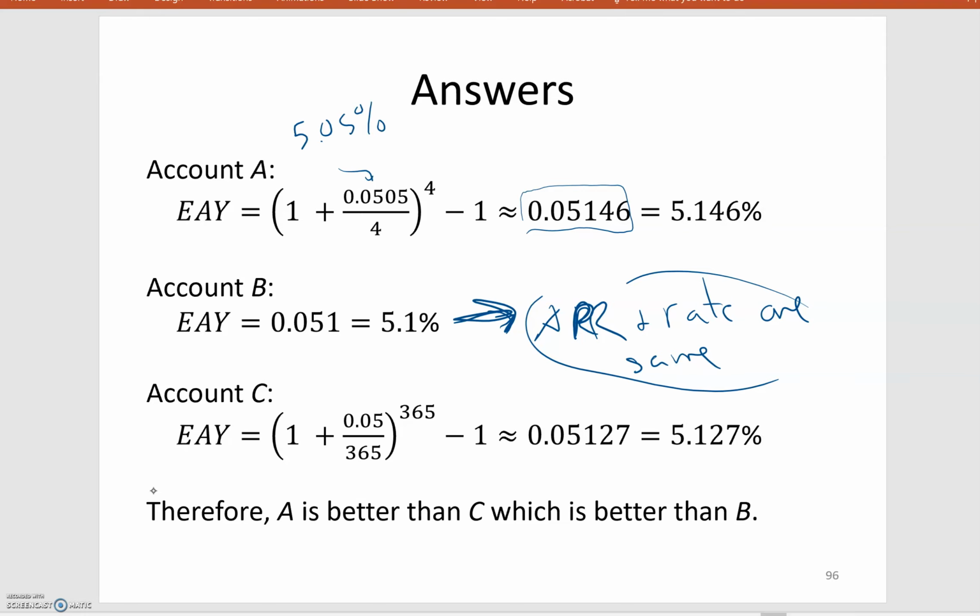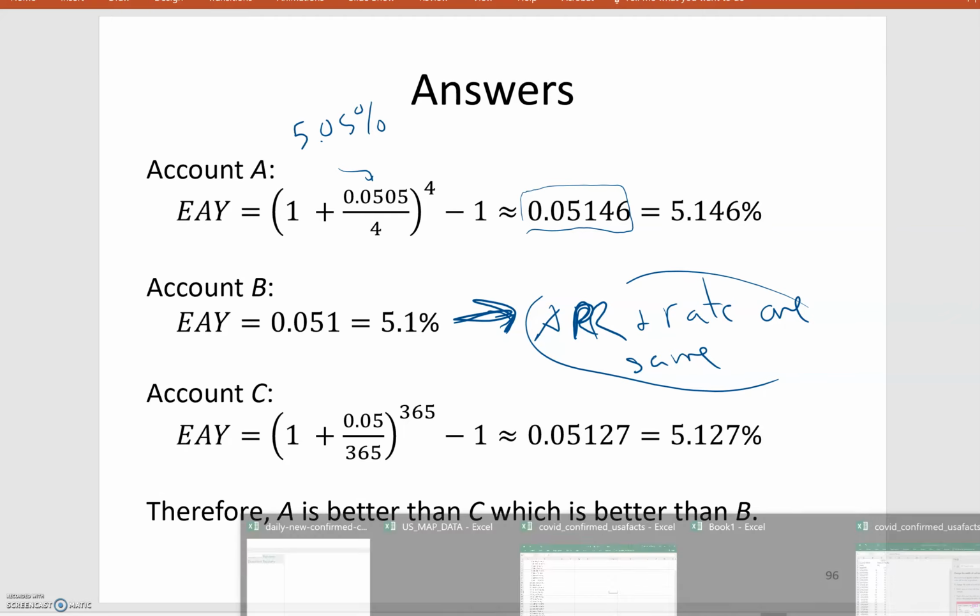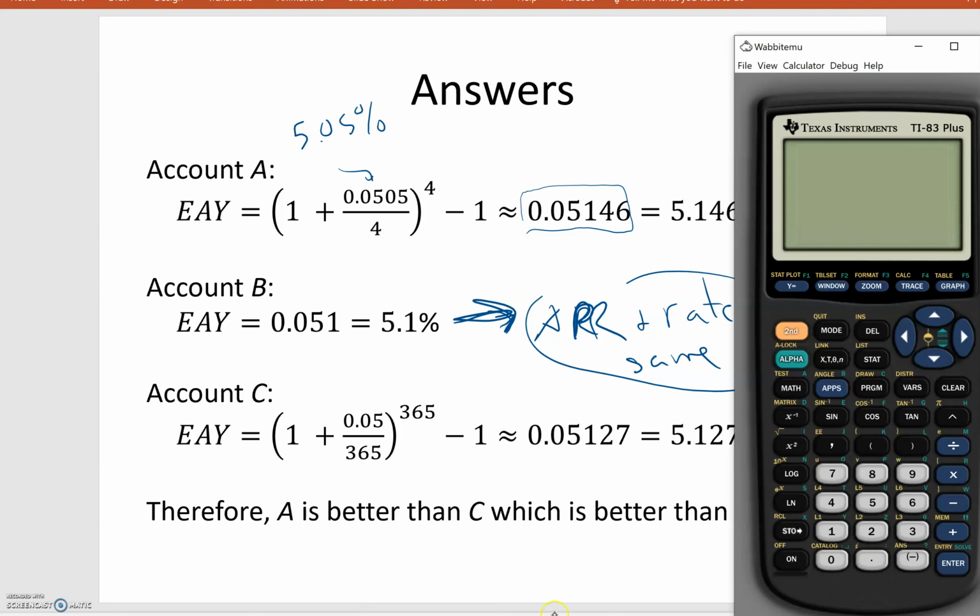The biggest mistake I think that people make on this is they do not put this into the calculator correctly. So let me just show you an example of a correct way to compute this. If you're going to do all of this at once, like this first one, you can't do all three of them at once. We have to do them one at a time. But if I'm going to input all of this in one computation, here is how you should do it.